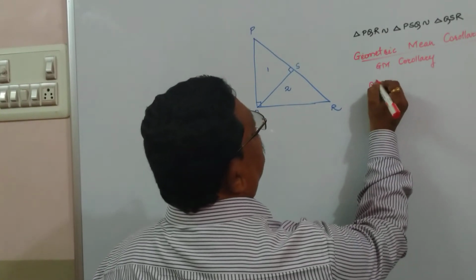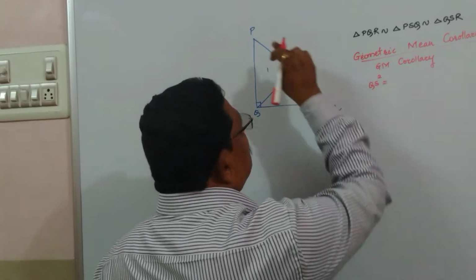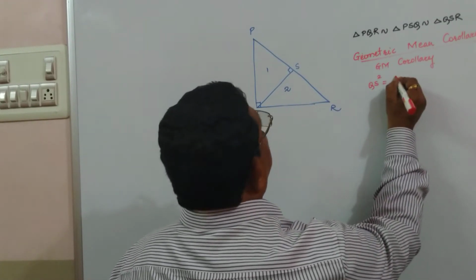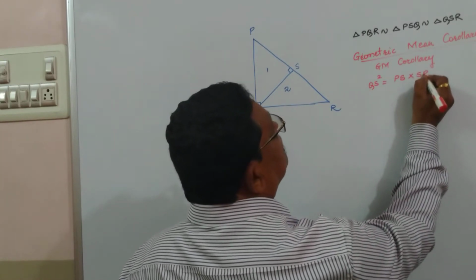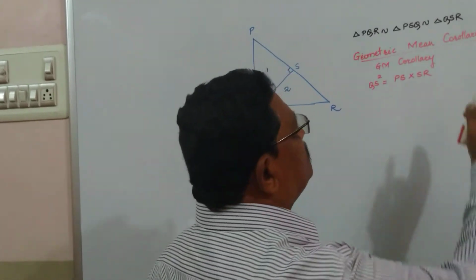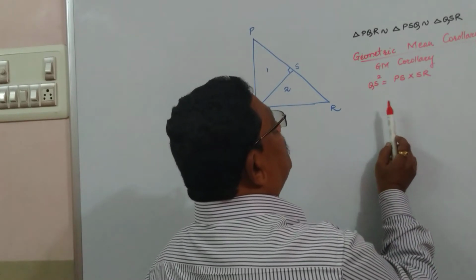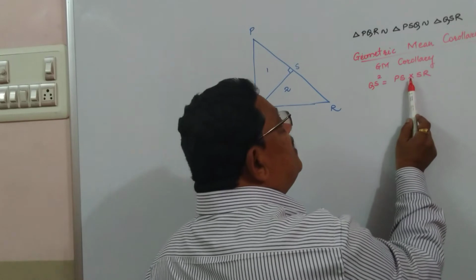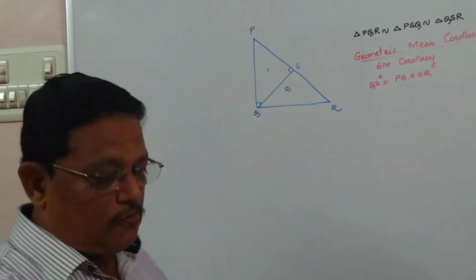So the square of the perpendicular segment drawn to the hypotenuse is equal to the product of the segments into which the hypotenuse is divided.